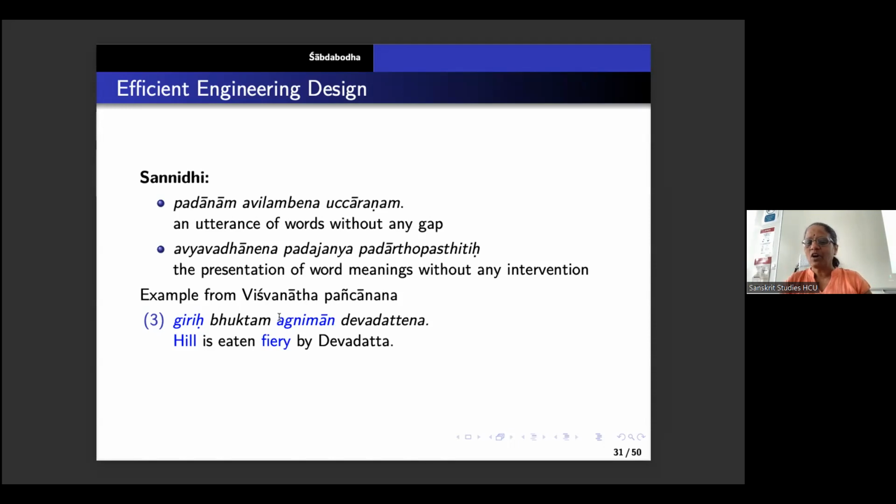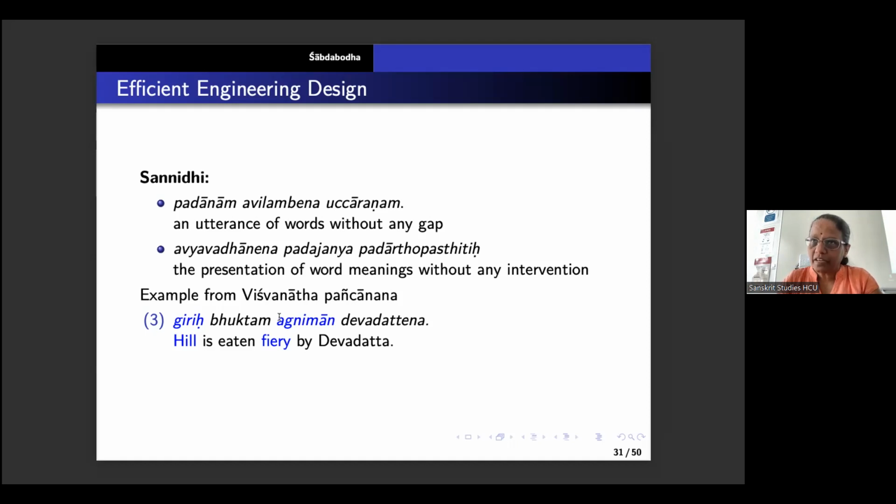And what the author is trying to point out is, if such a sentence is uttered, the other person will not get the meaning. And this is what is happening. You are failing to get the meaning for this sentence because it is a wrong sentence. And what is wrong? It has nothing to do with the fact that Giri is separated from Agniman.